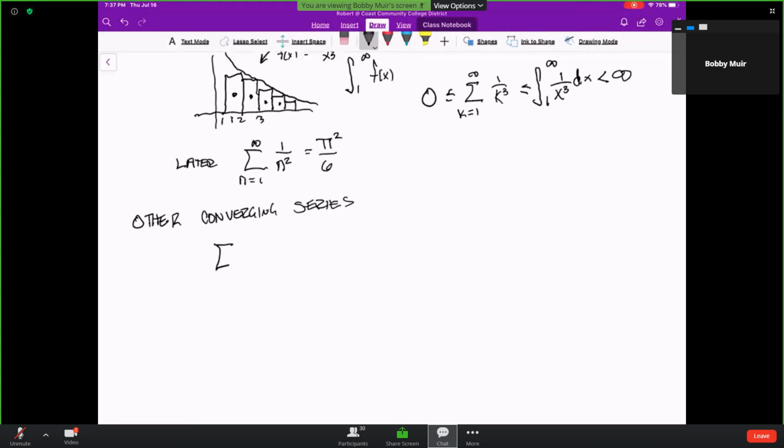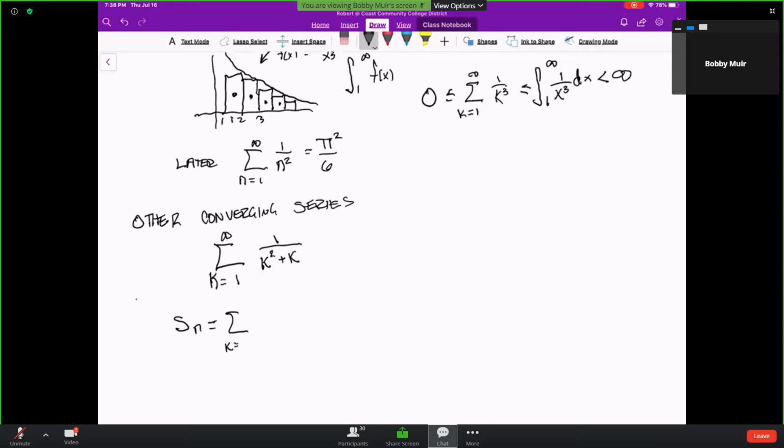If I was going to do the sum k equaling 1 to infinity of 1 over k squared plus k, we'll let Sn be the nth partial sum.